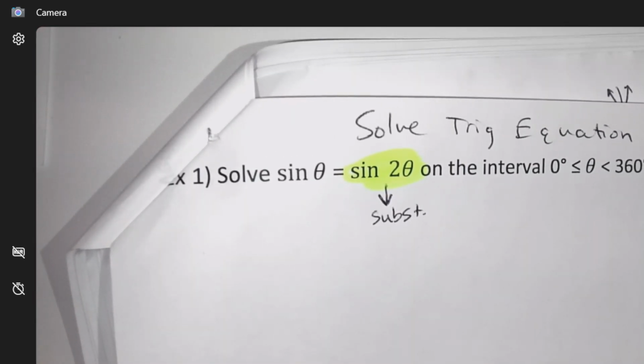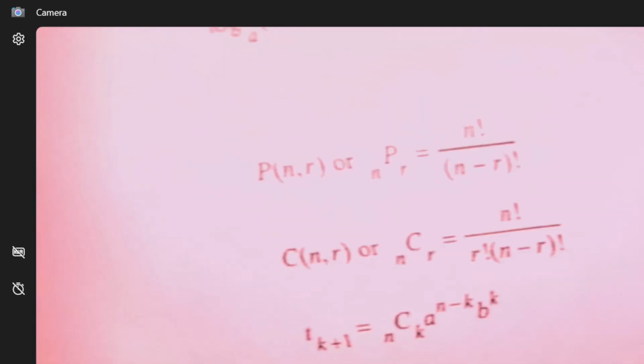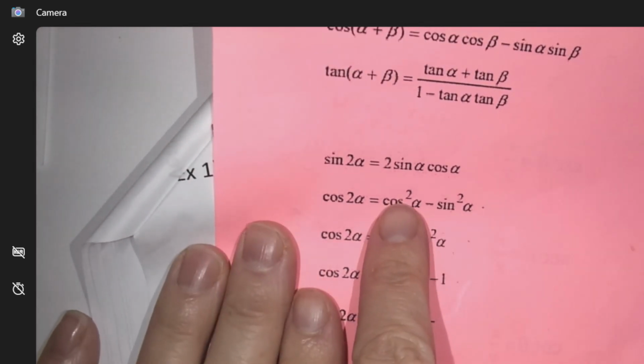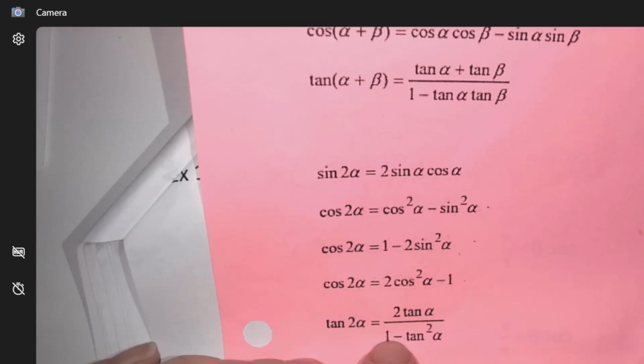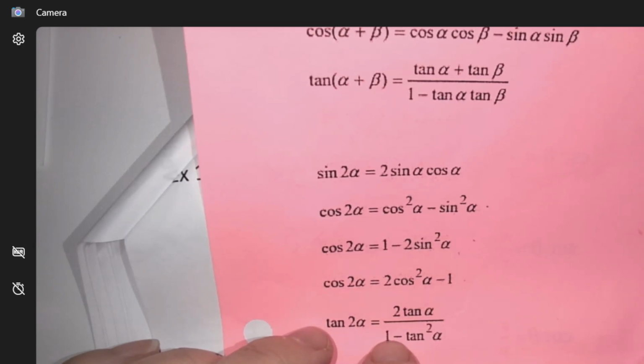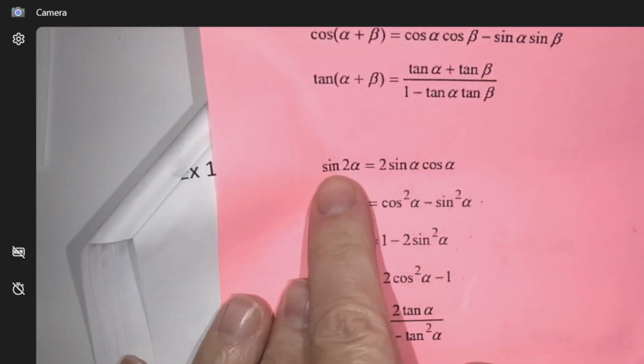Can you go to your formula sheet? The double angle corner is here. So sine of the double angle, is there a formula to replace it with?